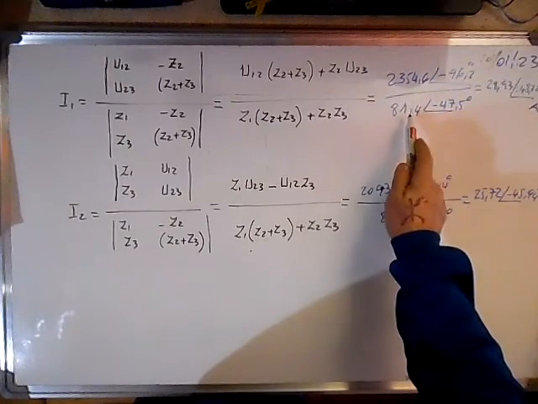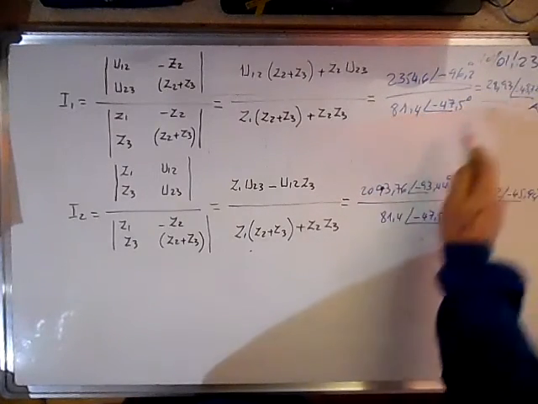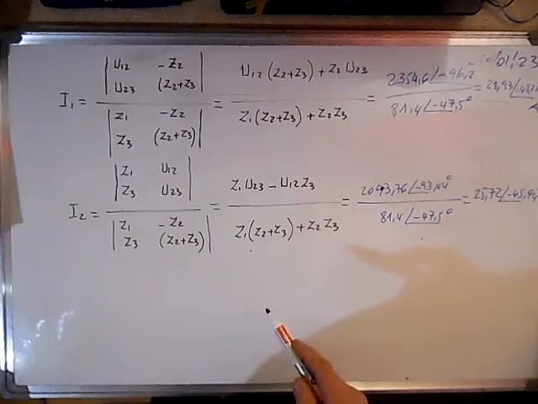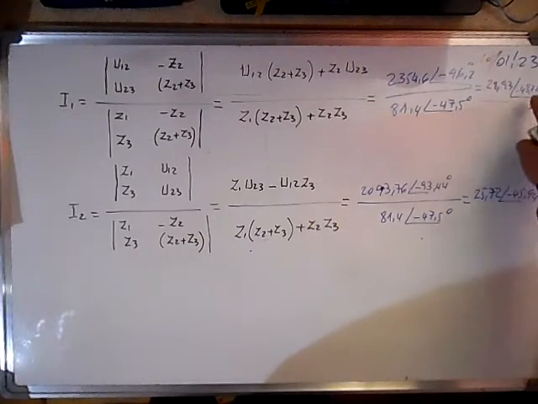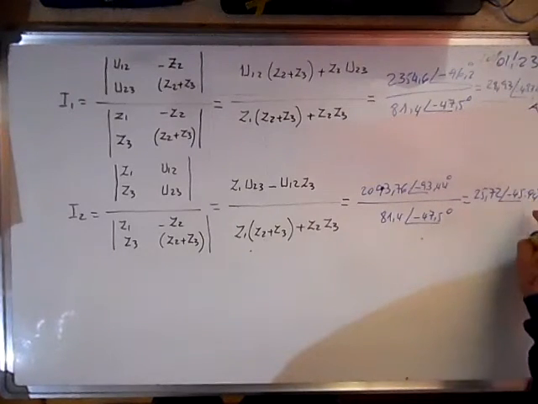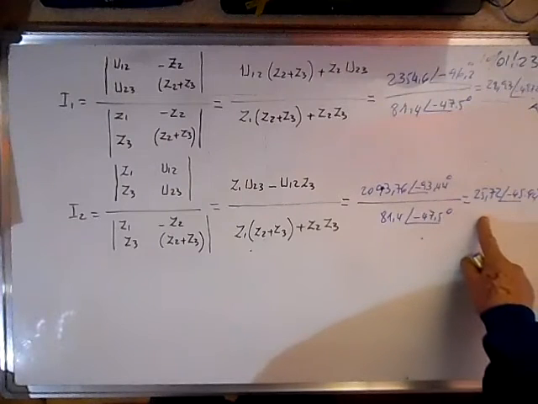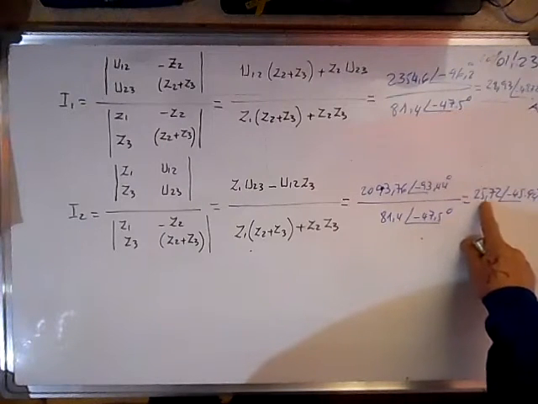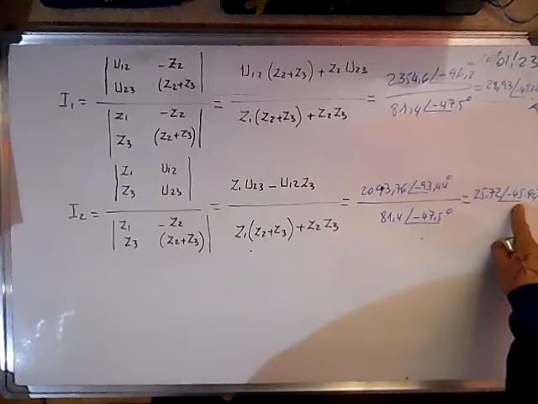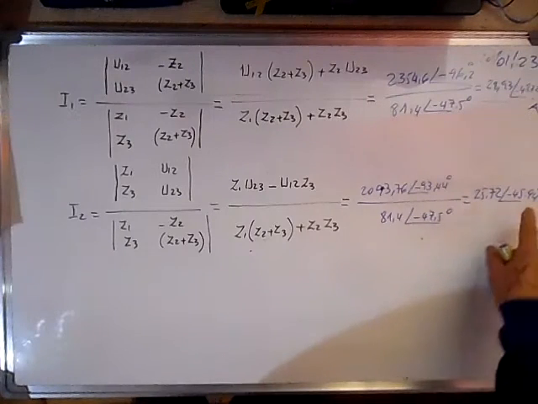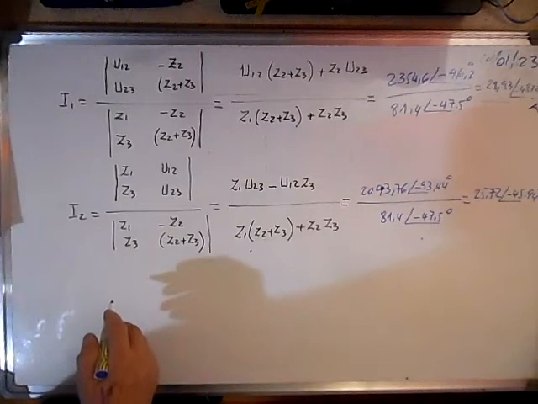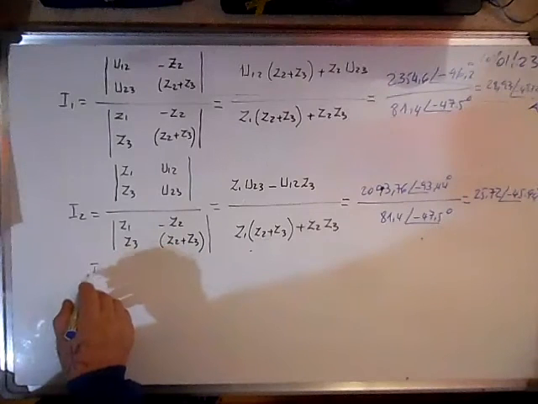We divided this by this, and they give us 28.93 with argument minus 48.72, and here 25.72 with argument minus 45.94, and then we can calculate I3.